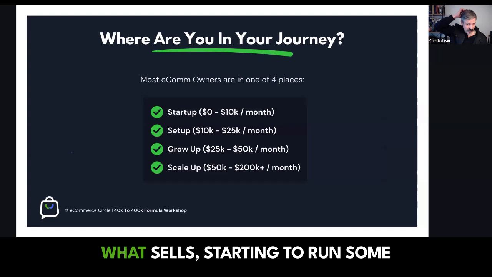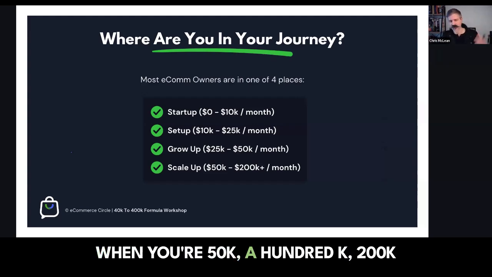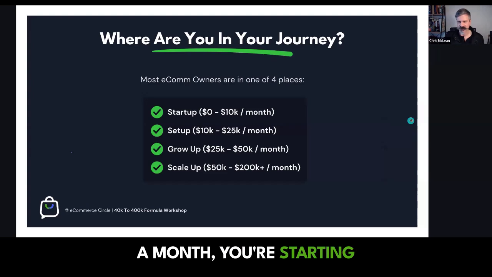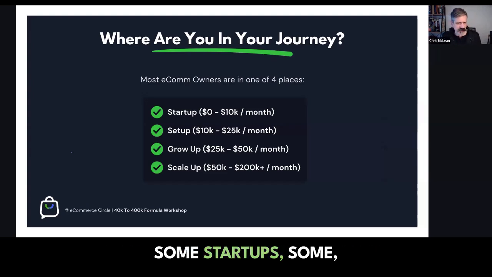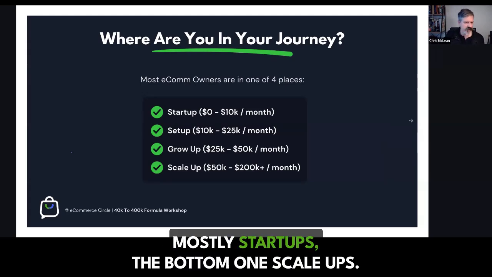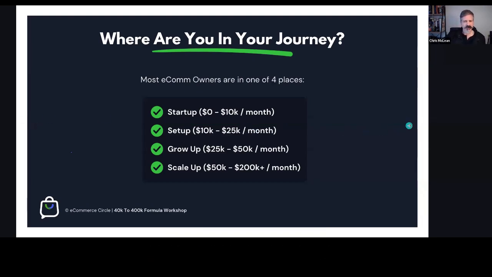You're starting to figure out what sells, starting to run some ads, getting more traffic at that 25K a month mark, or you're going to grow up or scale up when you're 50K, 100K, 200K a month. You're starting to dial things in and get to scale. Mostly startups. Good, good.